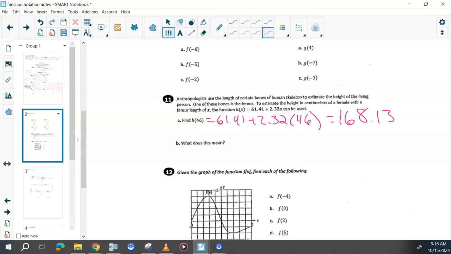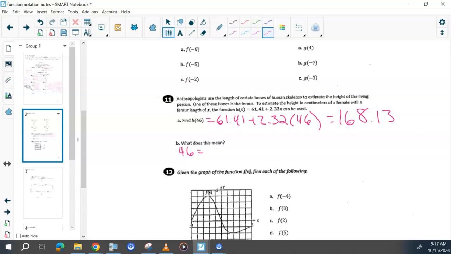It means that a female with a femur length of 46 would be 168.13 centimeters. Yes. So you answer both parts.